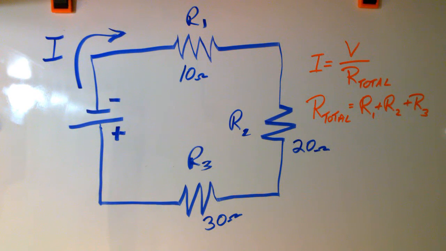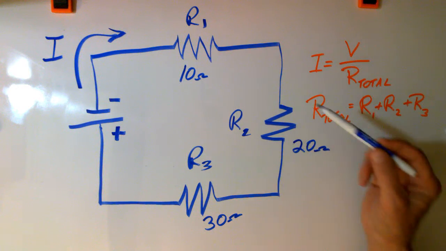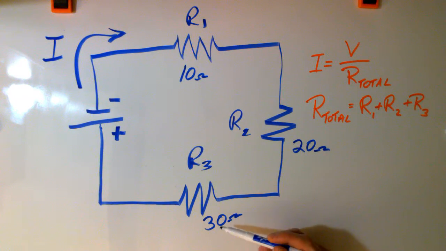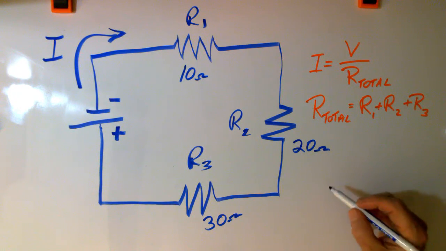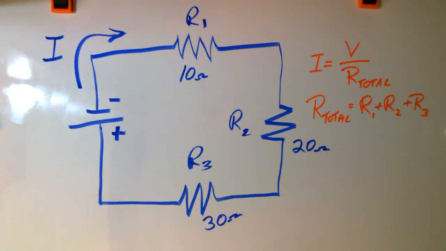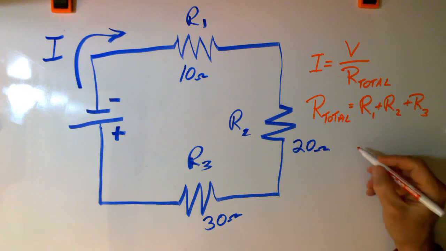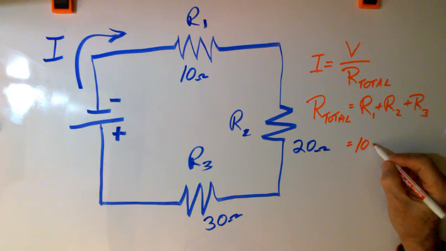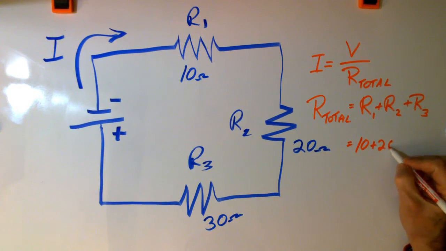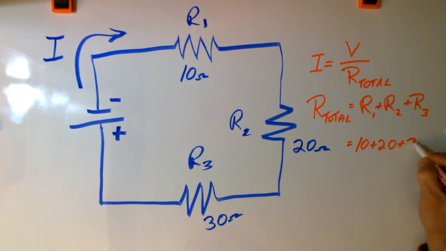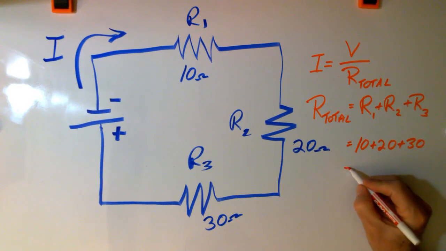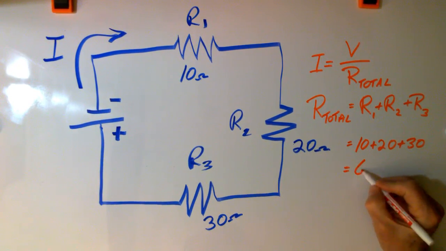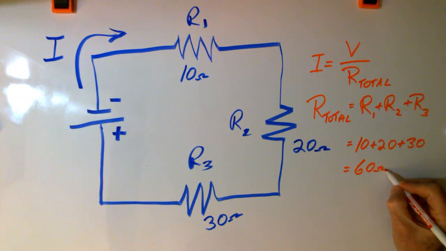So I have 3 resistors, one equaling 10 ohms, one is 20 ohms, one is 30 ohms. So our total, coming back to my red marker, is going to be equal to 10 ohms plus 20 ohms plus 30 ohms, and our total will be 60 ohms.